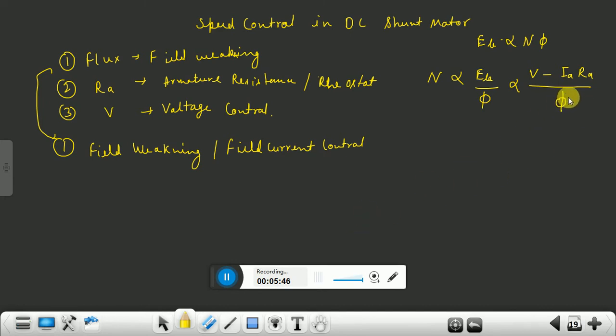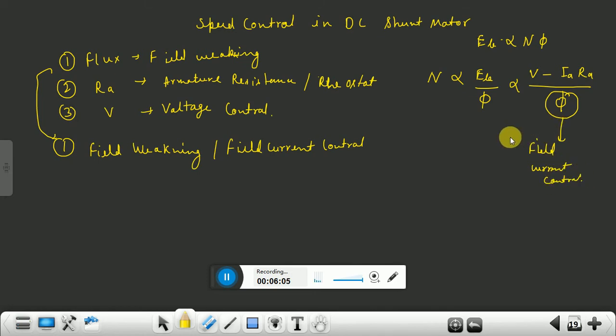So this method is used for field current control.